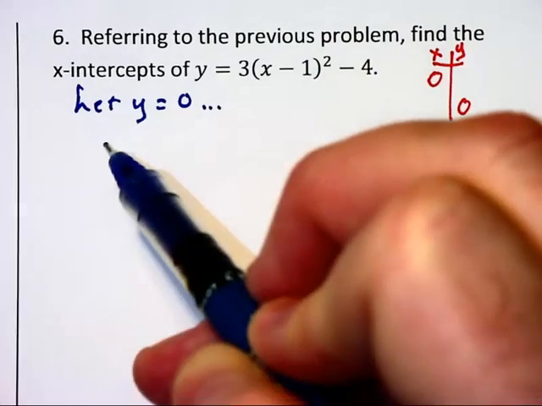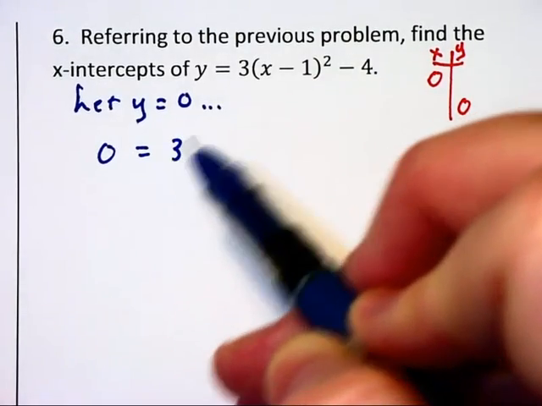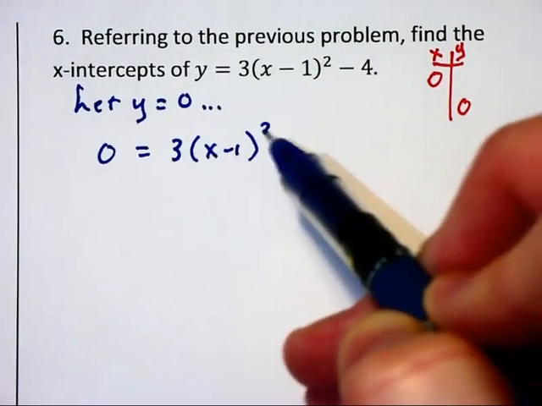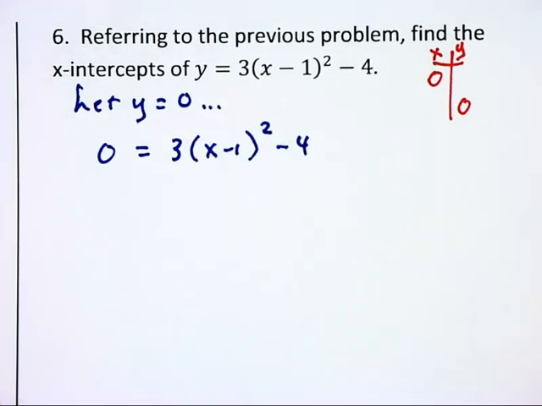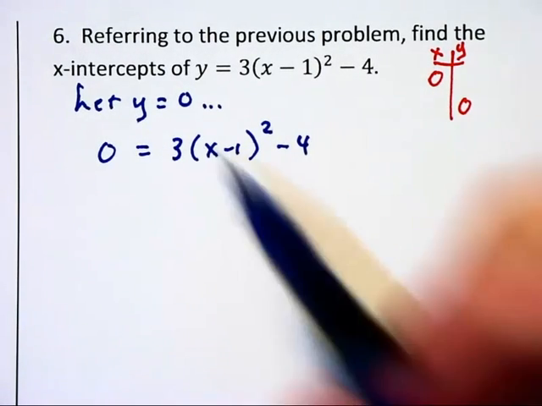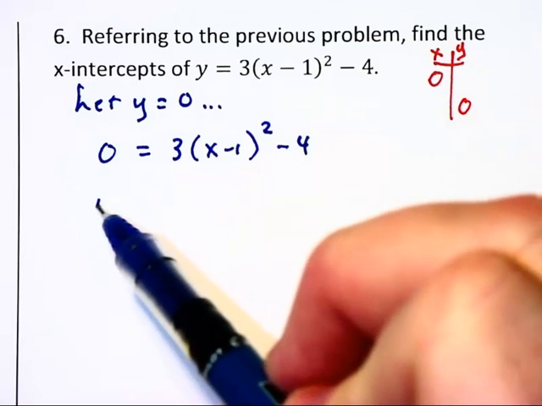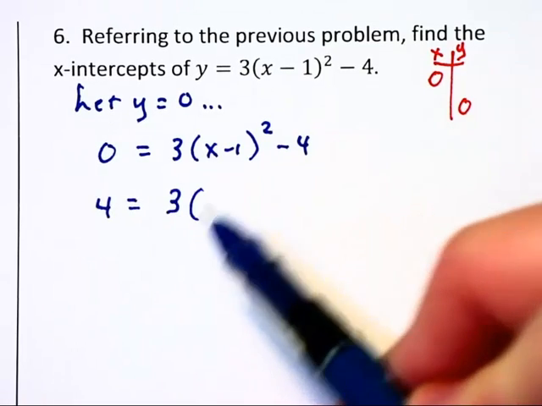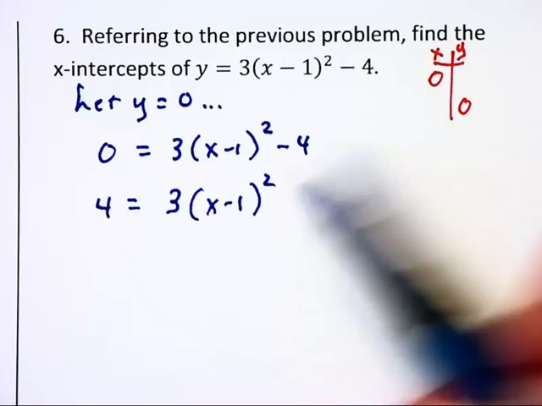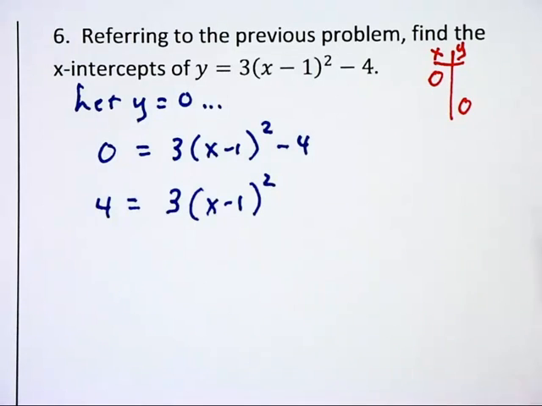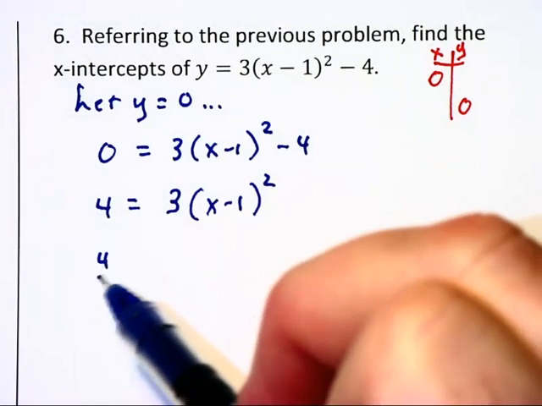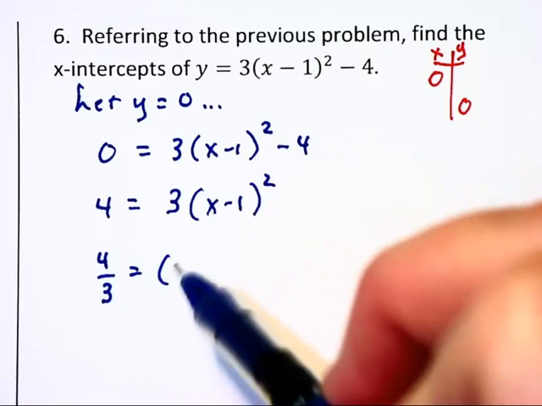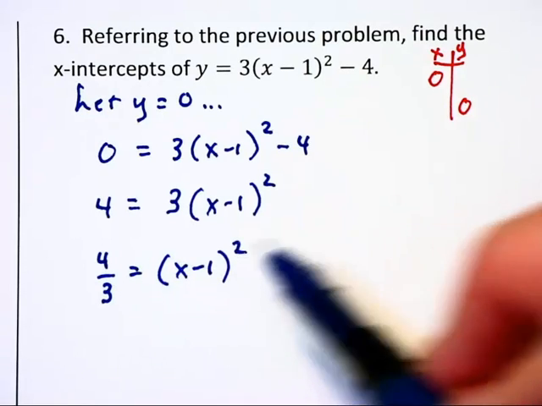Well, 0 now is equal to 3 times x minus 1 squared minus 4, and we have a quadratic equation. I'm going to begin by adding 4 to each side to have 4 equals 3 times x minus 1 squared, and then I'm going to divide each side by 3 to have 4/3 is equal to x minus 1 squared.